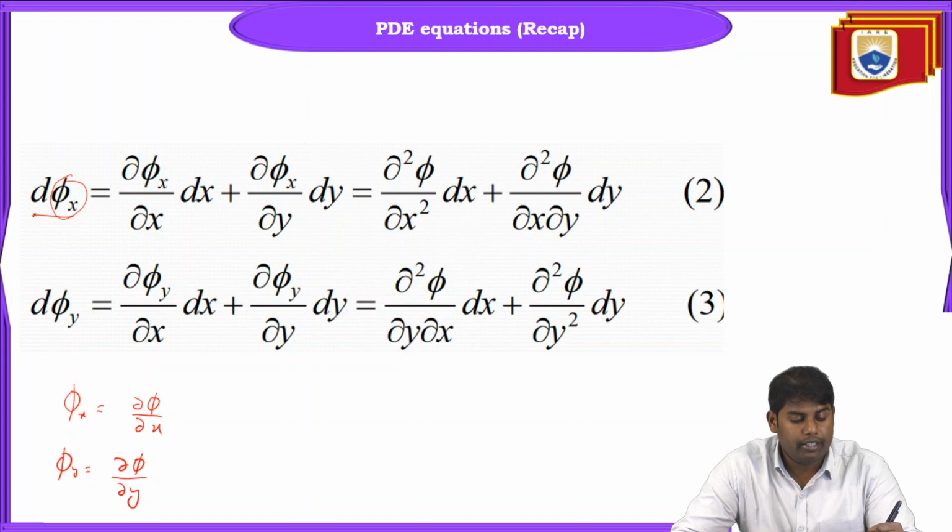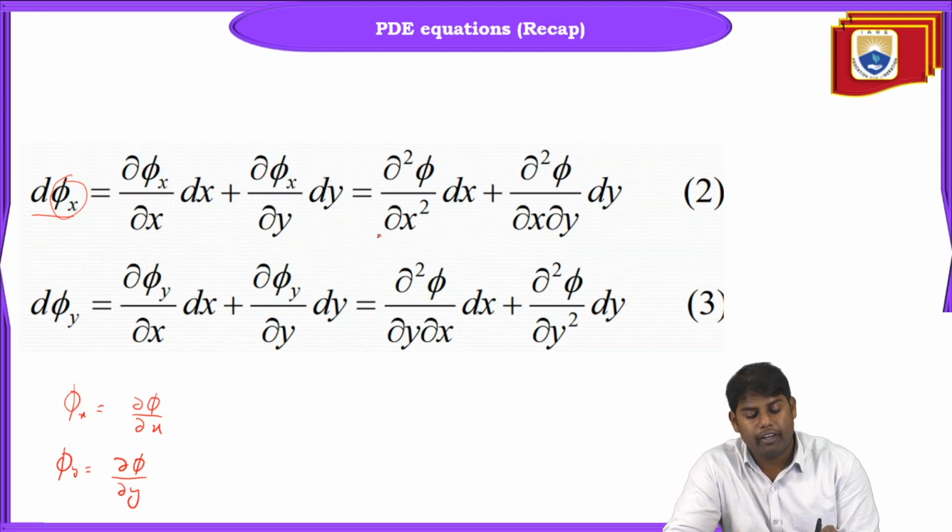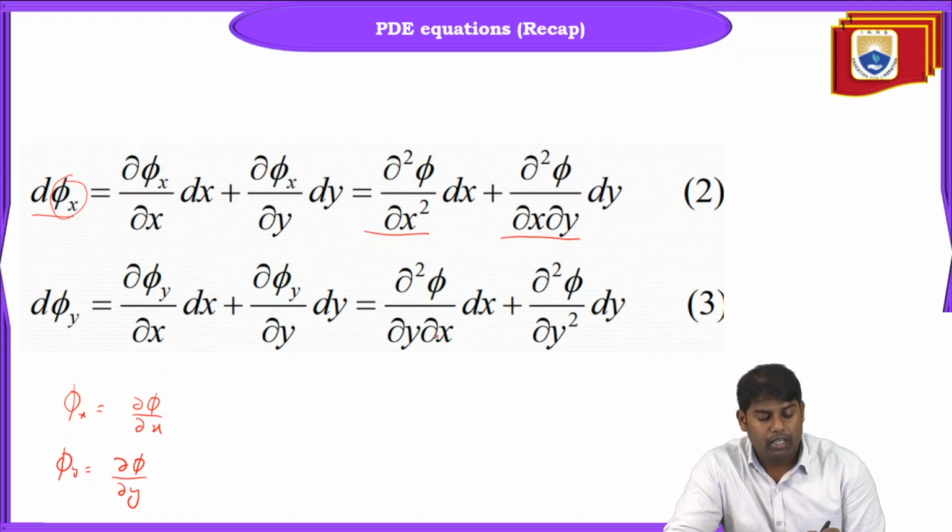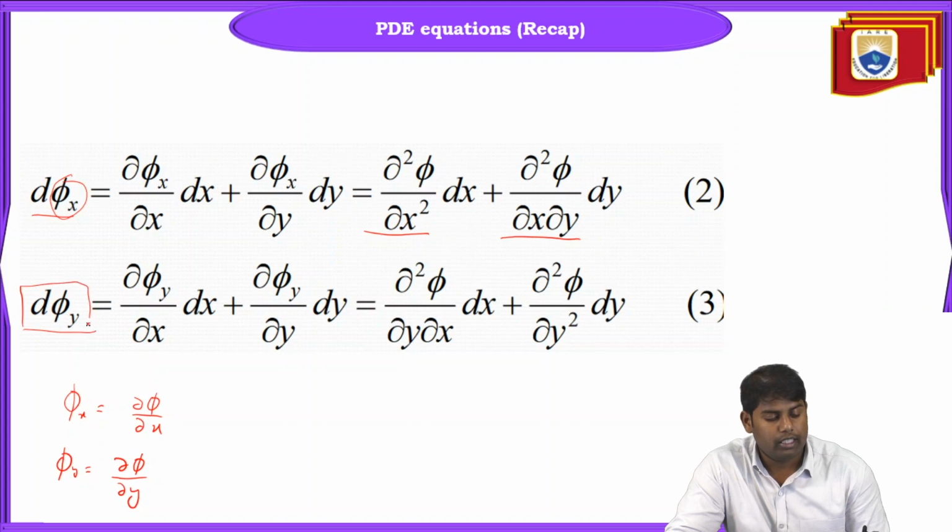So we take the exact differential of phi of x and of phi of y. When we apply the chain rule, we get two terms, one a mixed derivative and one dou square phi by dou x square. Similarly, for the other exact differential, we have a mixed derivative term and the second derivative.